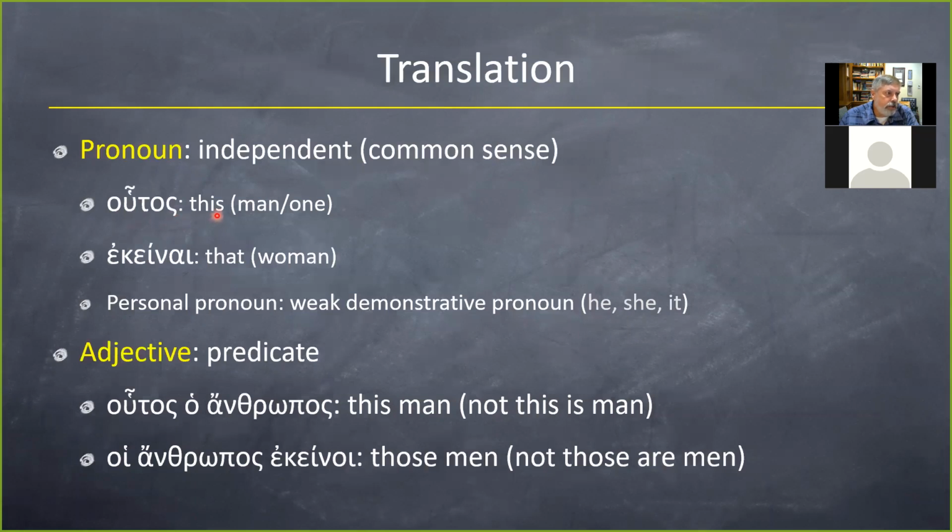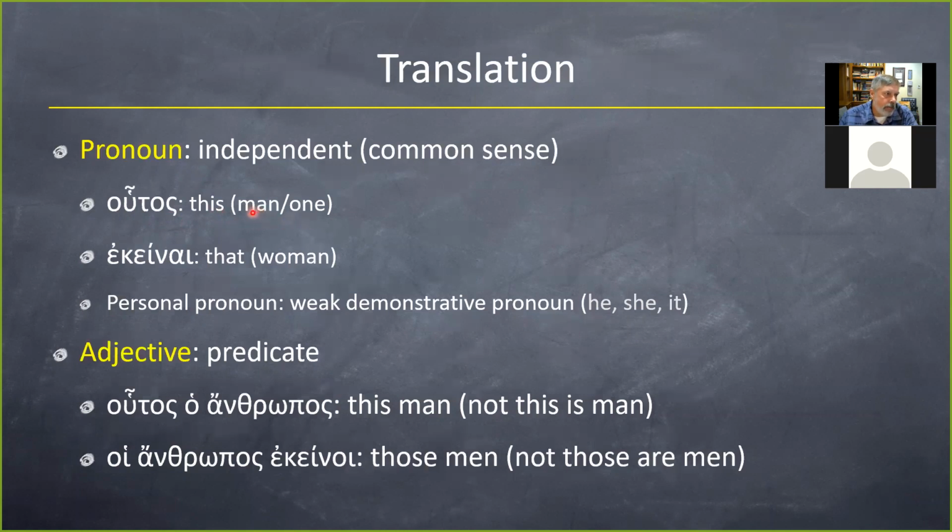You can leave it as this, but to make it flow better in English and so you can know what this is really referring to, in this case without an antecedent to point back to, it's this man or this one.